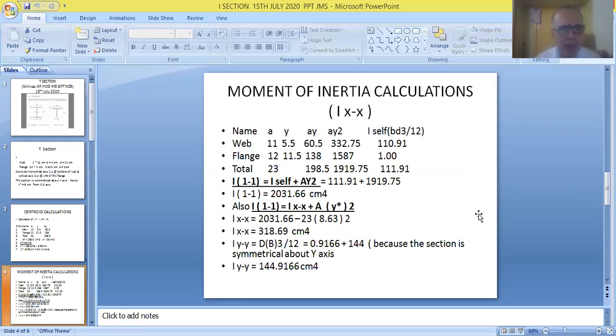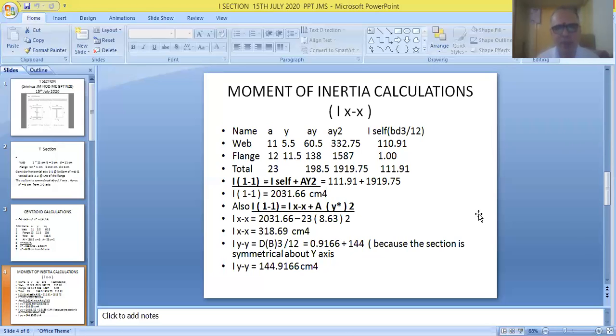Now, friends, we have to measure the values of Ixx and Iyy. So we have measured the coordinates of the center of gravity: horizontal coordinate X bar, vertical coordinate Y bar. X bar is obtained as 6 centimeter from 2 axis, and Y bar is obtained as 8.63 from 1 axis.